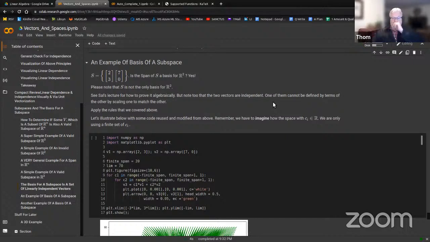In other words, no matter what you do, one of them cannot be defined in terms of the other by scaling one to match the other. And turning them into unit vectors is a valid form of scaling. So let's apply the rules we covered above, but we're going to illustrate below with the code that we reused above.